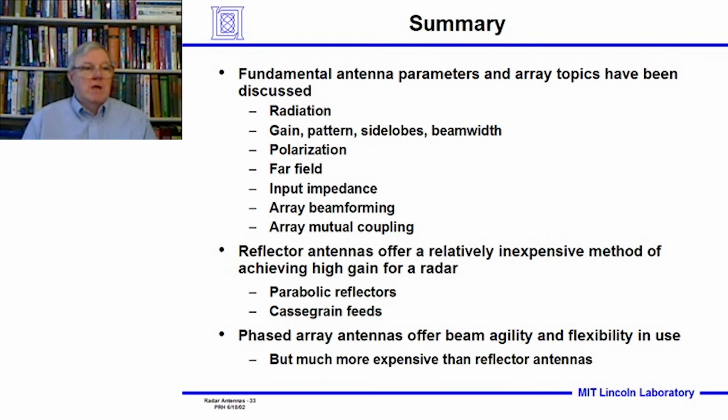We talked about mutual coupling. For reflective antennas, we talked about parabolic feeds and Cassegrain feeds as relatively expensive ways to get high gain on an antenna that looks generally at one place in space at a time, and that can then slowly, with a mechanical scan, go over and look at another place in space. And phased arrays offer beam agility and flexibility, but they're much more expensive than a reflector antenna.